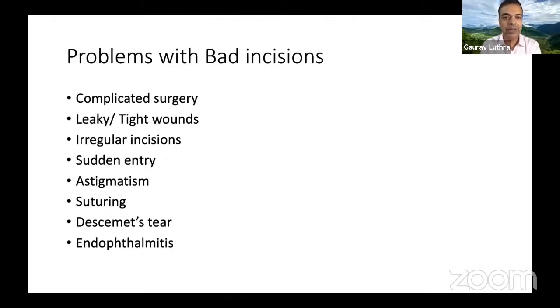It can lead to a complicated surgery, and very rightly said by Dr. Himanshu that residents who are learning or phaco beginners, they are the ones who probably need the best keratomes because if they have a compromised incision, their surgeries are going to get more and more complicated. You could have leaky wounds with shallow chambers and surges and everything. And if you had a tight wound, you would get wound burns. So having the right keratome of the right size, giving you a predictable incision every time is so critical.